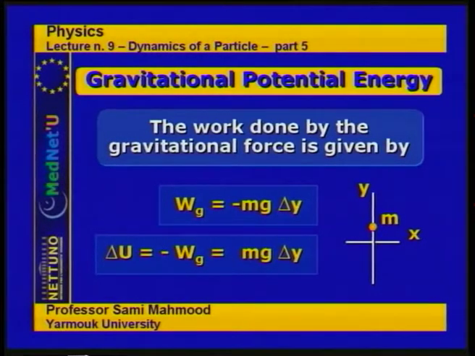So this is the change in the potential energy due to the force of interaction, which is the gravitational force between the two parts of the system, the object and Earth.